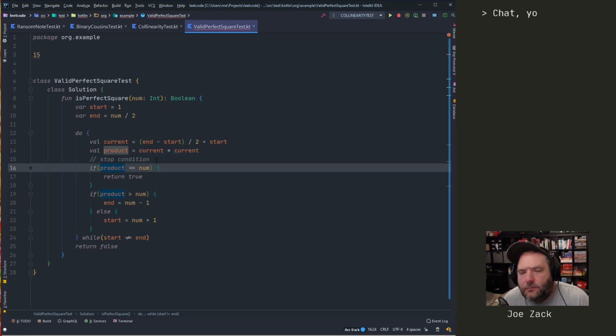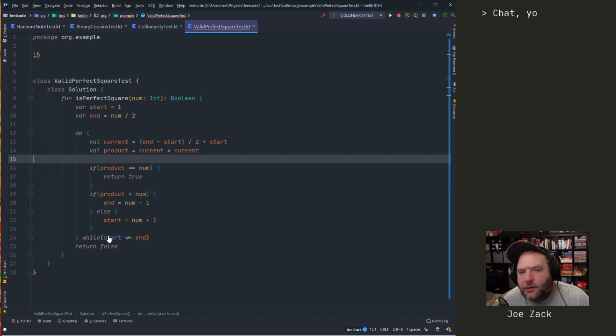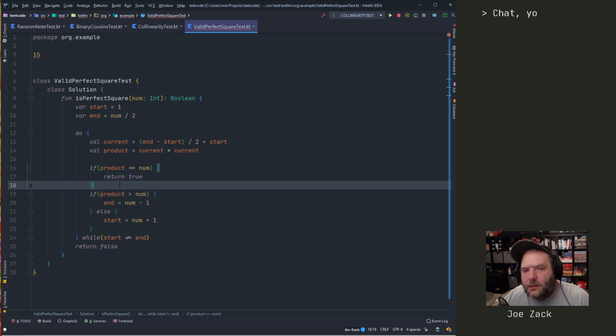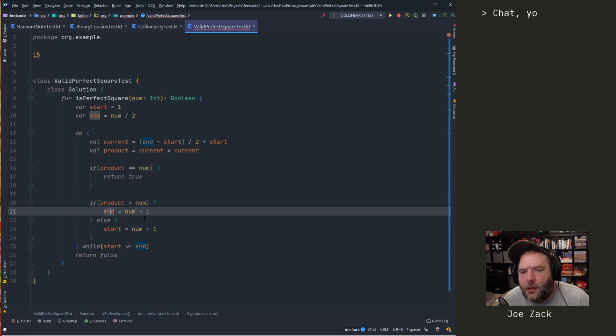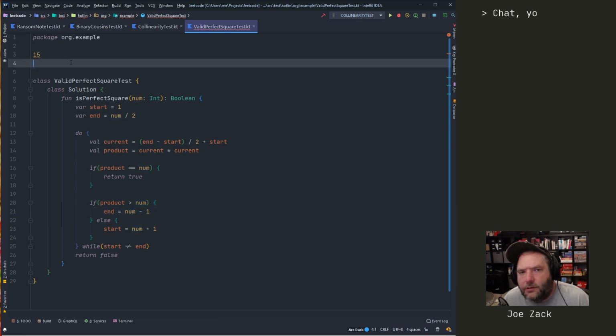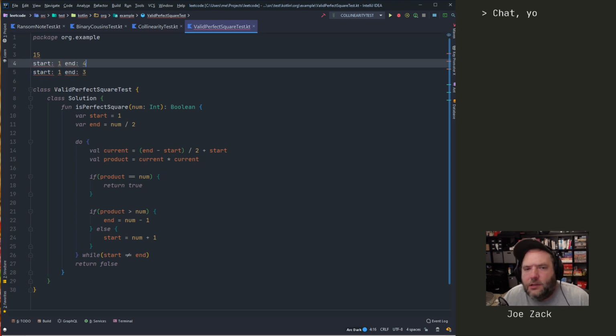It's not equal. I've got the stop condition down here. Is 16 greater than our number? Yeah, it is. So now our end equals our number, which was 4 minus 1. So end is 3. Start is still 1.